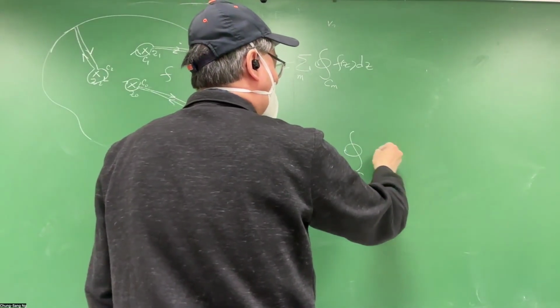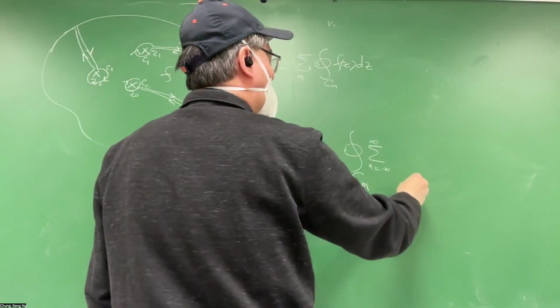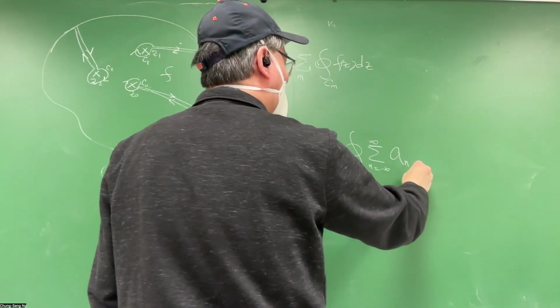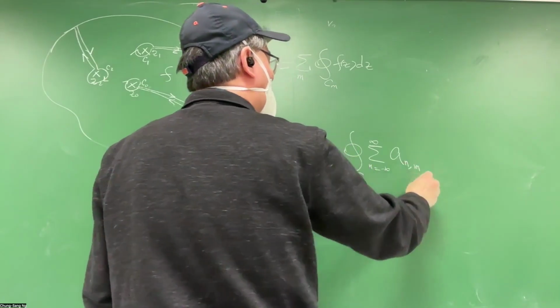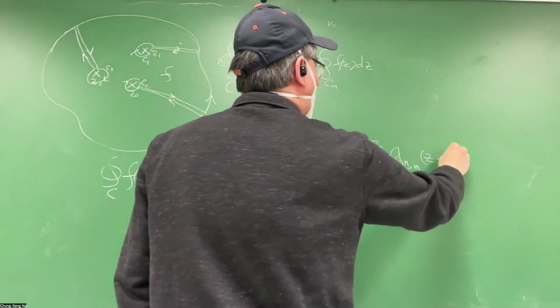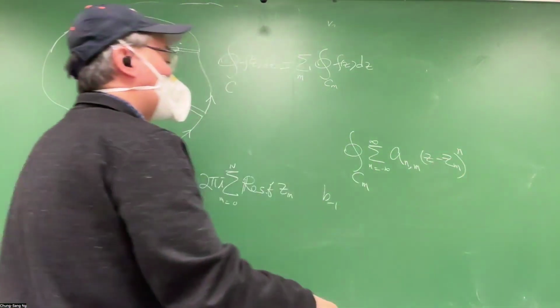The Laurent series is the sum over n from minus infinity to infinity of a sub n for the m pole, times (z minus c sub m) to the n power.